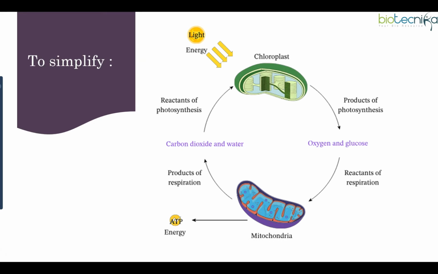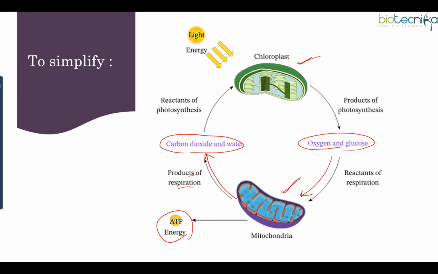Now, if I have to simplify the two processes, cellular respiration and photosynthesis, one occurs in the mitochondria, that is cellular respiration, and the other takes place in the chloroplast. The mitochondria use food molecules and oxygen as reactants of respiration, which are converted into ATP energy, and the products given out are carbon dioxide and water.